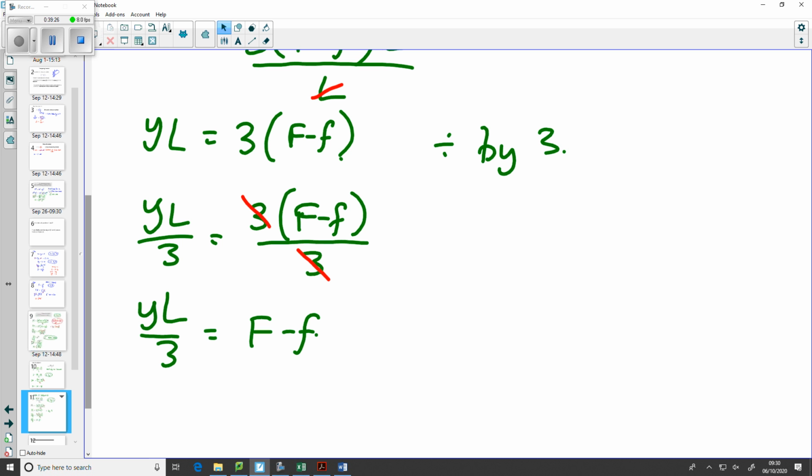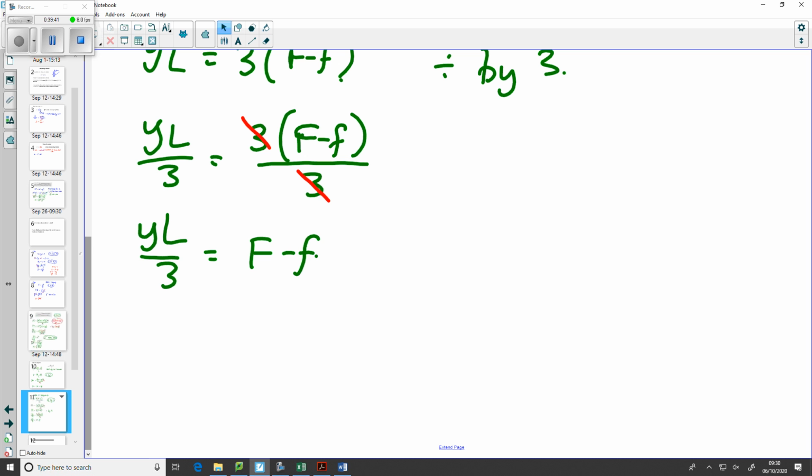Next. If you take away F, you end up with this: YL over 3 minus capital F is equal to what?